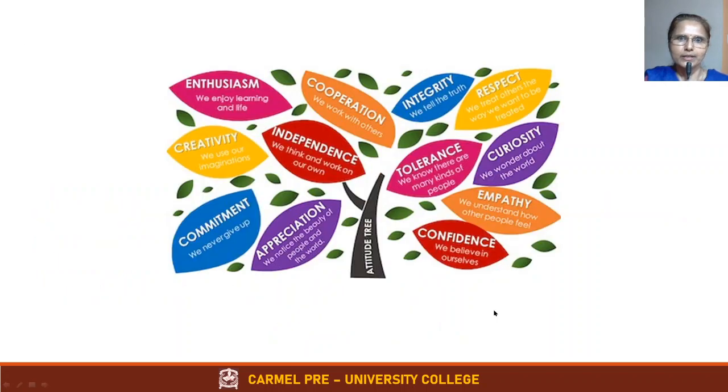Okay, so let me end the session with this thought. We have to have a good attitude, students, all of us. So what are all the good attitudes? This is an attitude tree with all these parameters. You should know how to appreciate, you should be committed, creative, enthusiastic, you should know what independent thinking is.